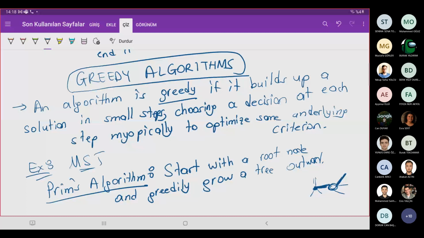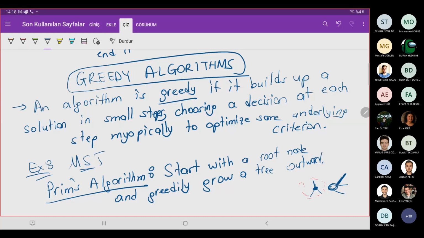I mean, for this particular problem, this algorithm gives the optimal solution, but in general, I didn't take into account what might happen in the future. I just looked into this neighborhood and made a rational decision for that one, okay?